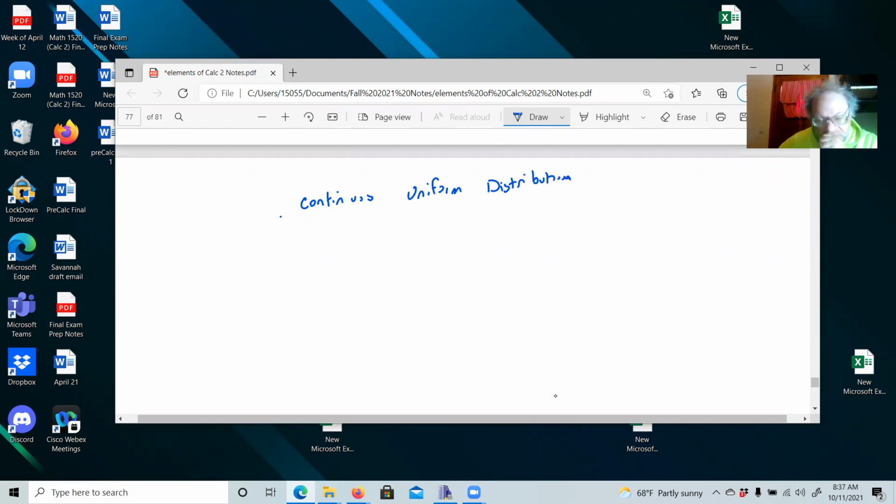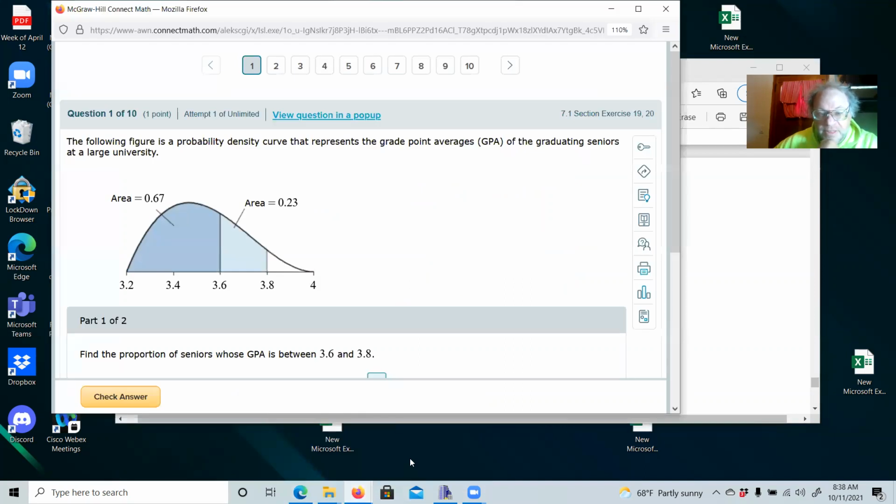Most of the things you're going to have are going to look like graphs. For continuous distributions, they're all going to look like graphs. They're going to have some kind of f of x equals, they'll give you a function, and it'll be 0 otherwise. So it's kind of like this. This is a PDF, a probability density curve.